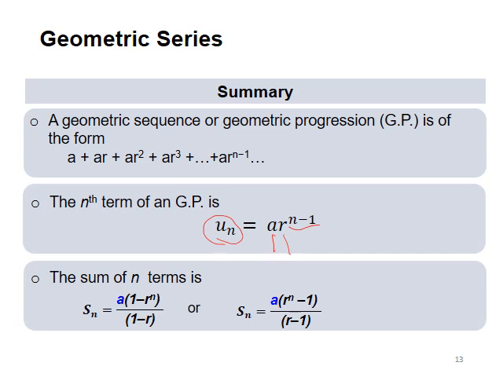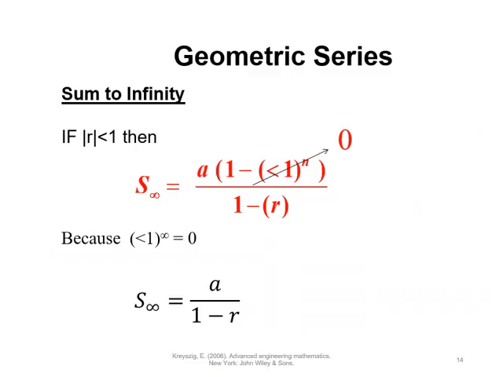Now for the sum of the n terms, we have the same formula, but it is related to r, whether it is greater or lower than 1, positive or negative, taking you to a small value or a higher value, because this will reflect on the sign of S. So it is a times 1 minus r to the power n over 1 minus r, or we can just change the places of r in the formula.